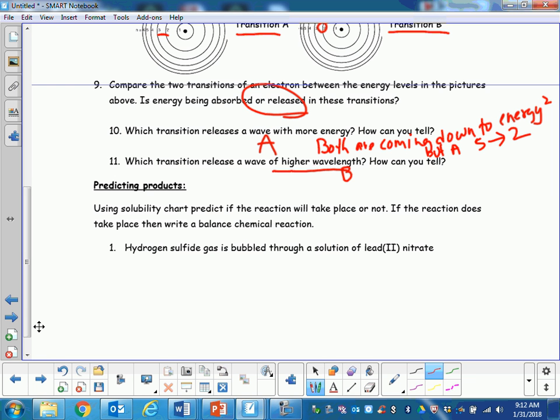Not on this part? Okay, predicting products. I think we did this, we moved on. We didn't come back to this at all. Doesn't mean you kids don't practice. I think practice sheets were given out. I don't know if you practiced. I do have this.